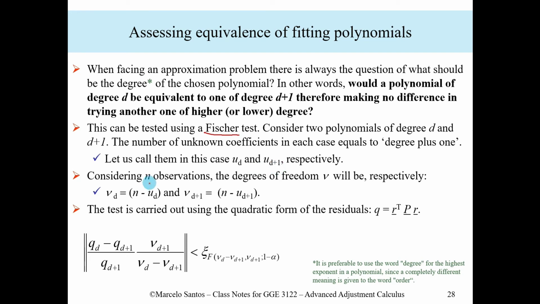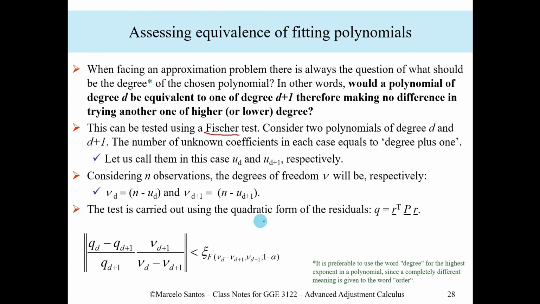If we consider n observations, the degrees of freedom for degree d will be n minus u_d, and the degrees of freedom of the polynomial of degree d plus 1 is going to be n, the number of observations, minus u_(d+1). This is the number of unknown coefficients for the polynomial of degree d plus 1.